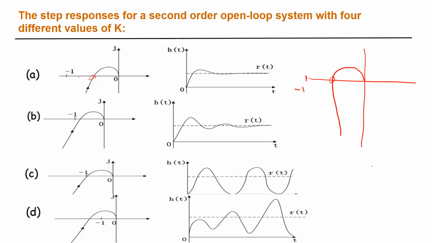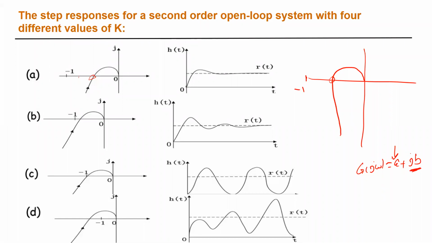In Cartesian form, let's say G of J omega equals A plus J B. You set B equal to 0, and A is negative. Setting B equal to 0 will give you the frequency. Use this frequency to evaluate A, which is automatically going to be negative.